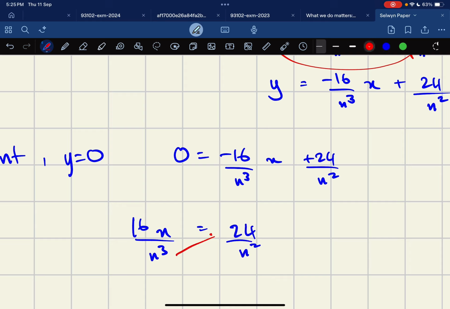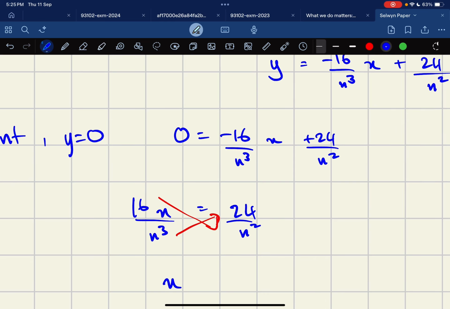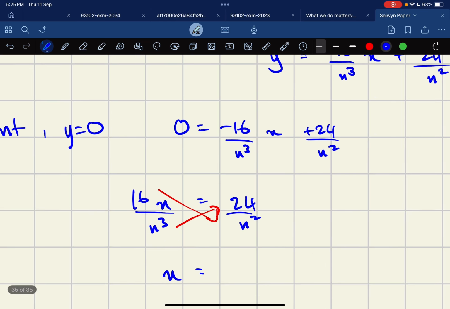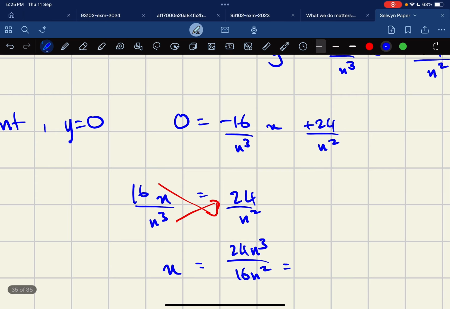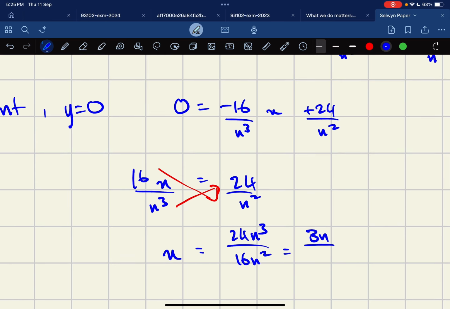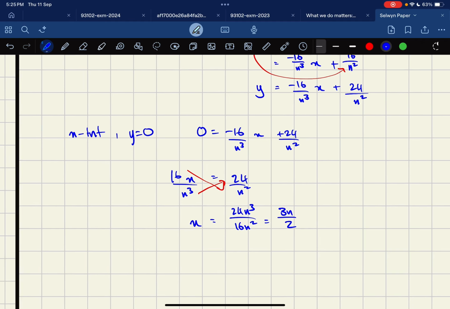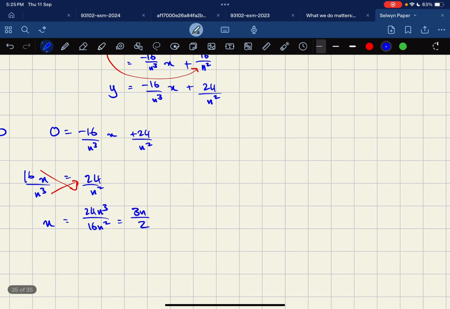I'm going to multiply it by n cubed and then divide by 16. And what I'm left with is x is equal to 24 n cubed over 16n squared, which reduces down to 3n over 2. Okay, that is my x-intercept, and then my y-intercept is when x equals 0. So then y is simply just equal to 24 over n squared.